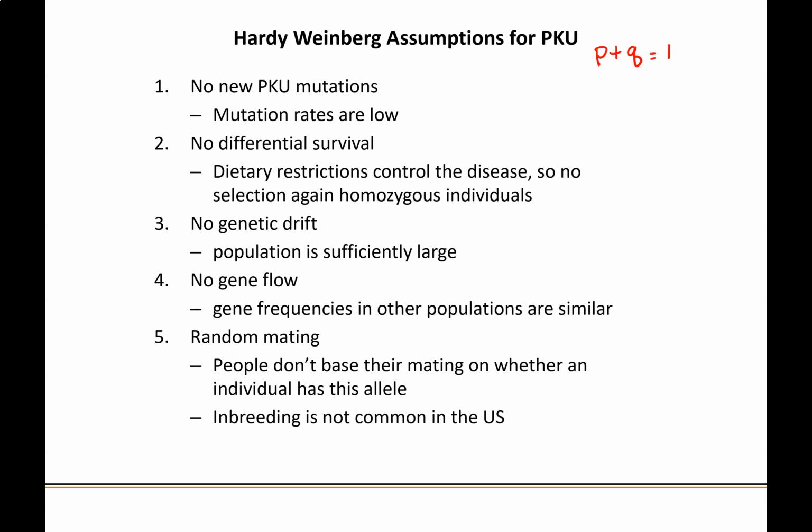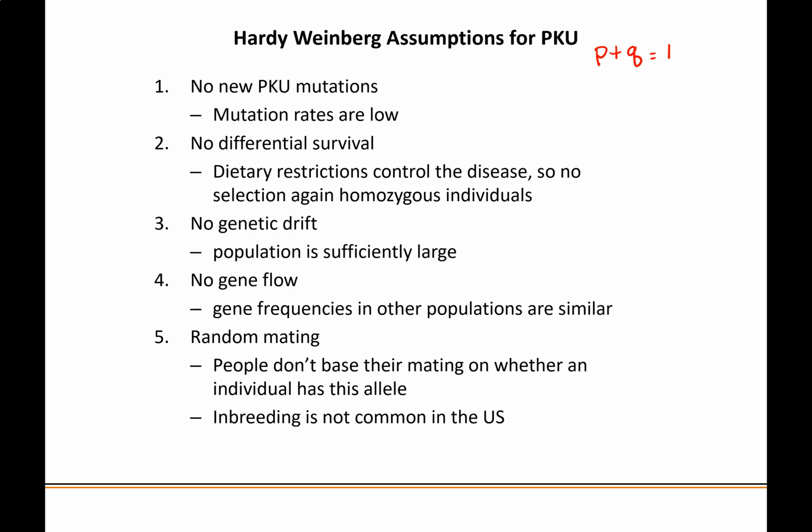We can also assume that there's no differential survival or no natural selection. This is because dietary restrictions control the disease. So individuals who have this disease are on a special diet that makes them no less fit than anybody else. No genetic drift.